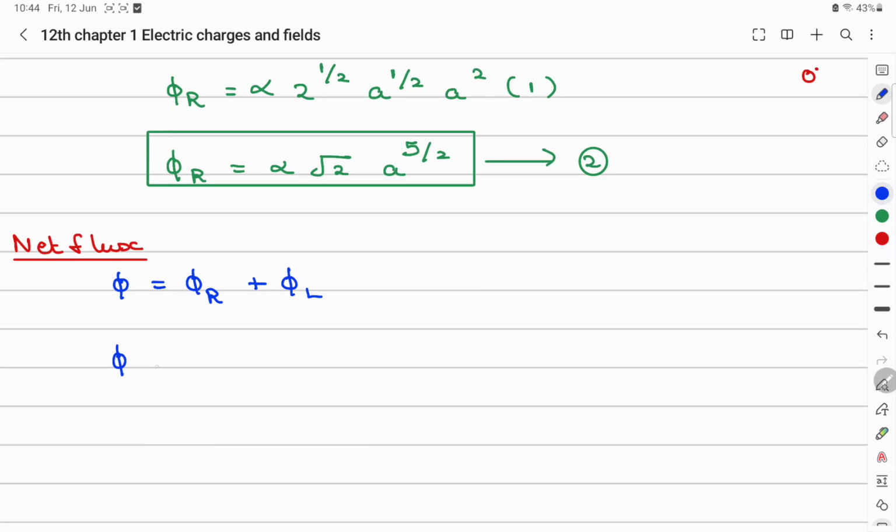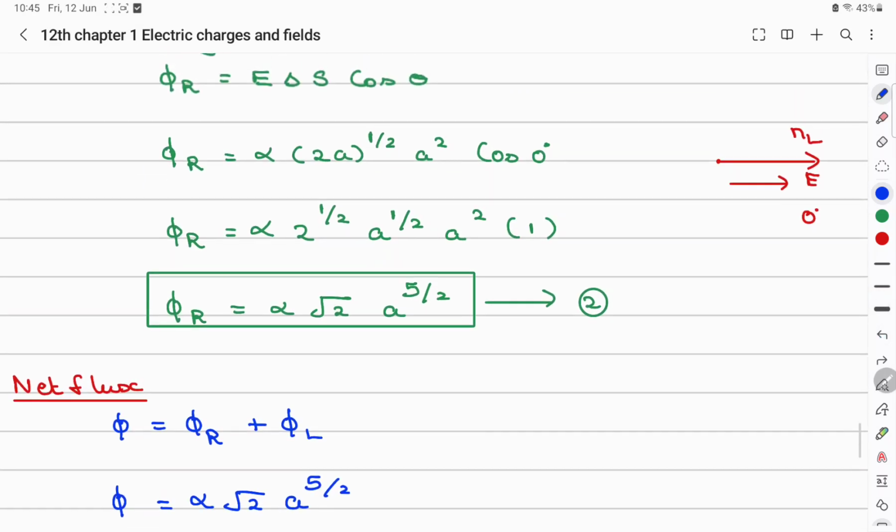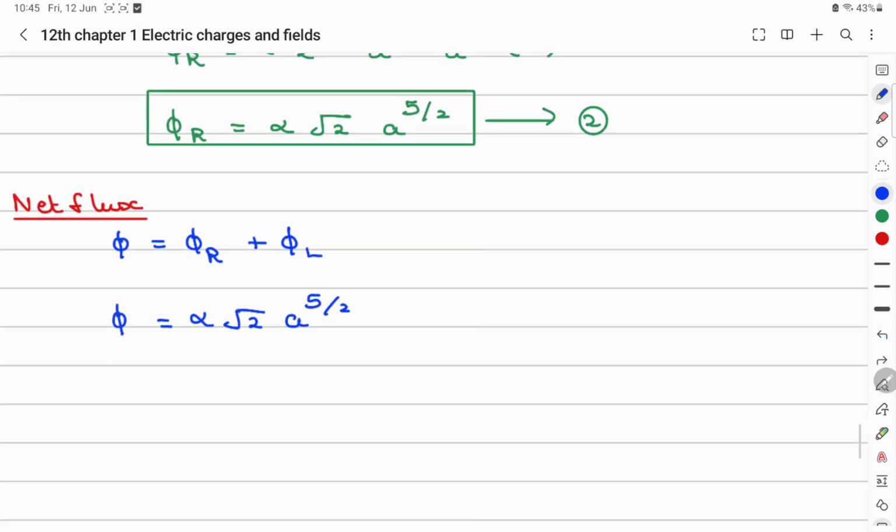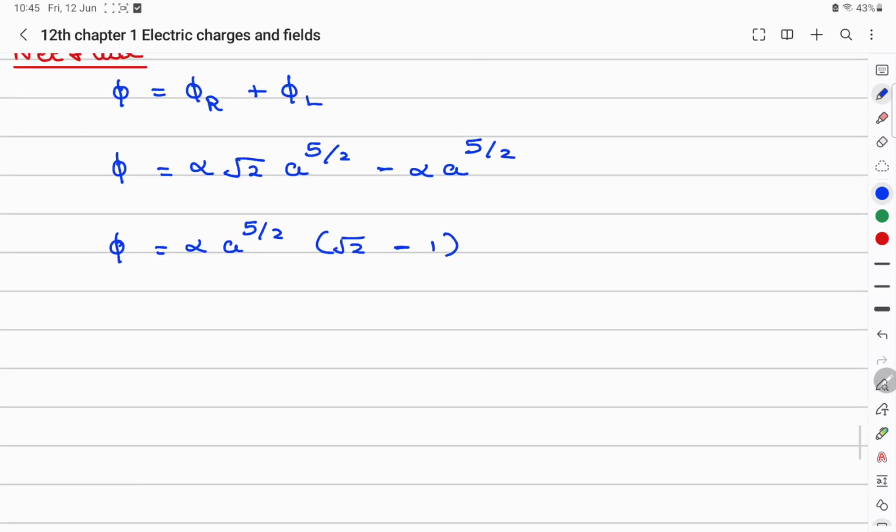So substitute the values: the right flux is alpha root 2 a power 5 by 2, and the flux through the left direction is minus alpha a power 5 by 2. So flux phi is equal to alpha a power 5 by 2 into root 2 minus 1.